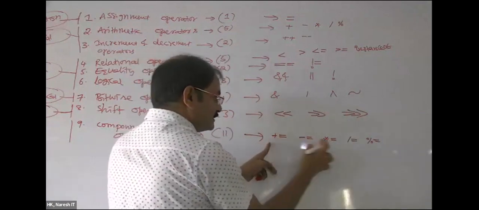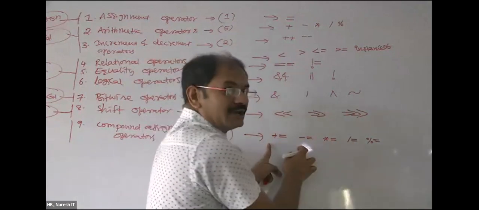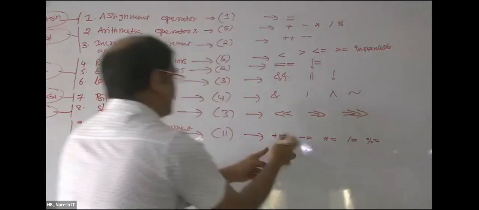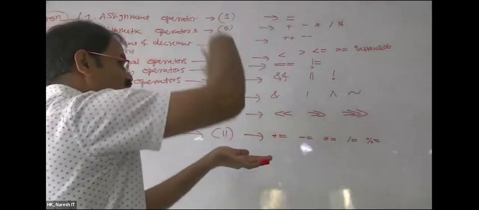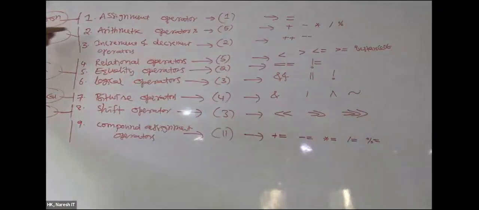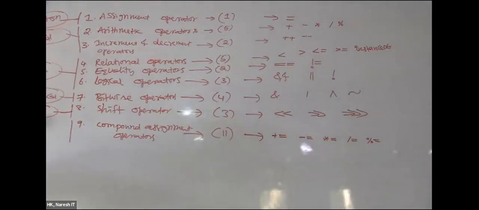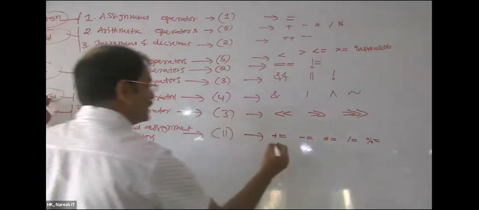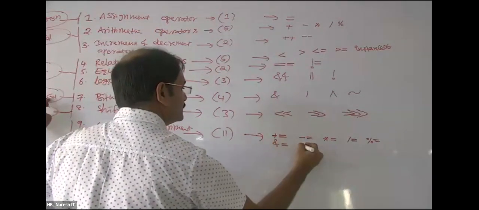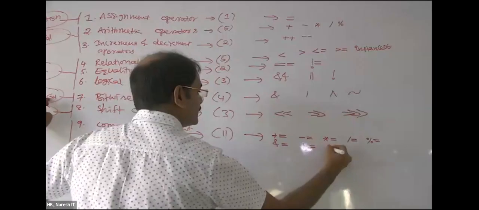Tell me, plus, into, minus, all these are what? Calculation operators. They calculate, generate a result, and store. Then what are the other calculation operators? Arithmetic operators are complete. Increment and decrement is nothing but plus plus, which we don't write here. Next, is there any other calculation here? Yes. Single and equal to, single or equal to, cap equal to.